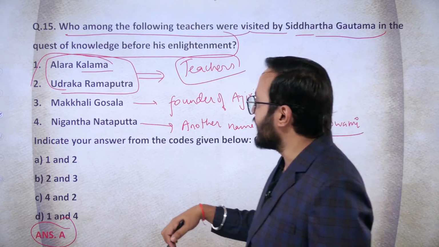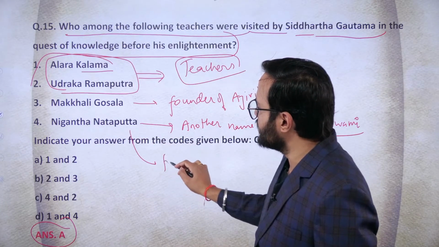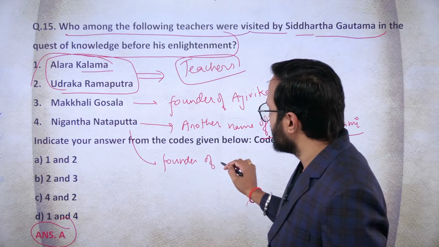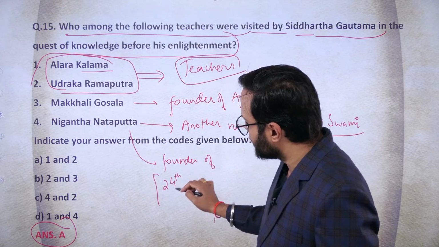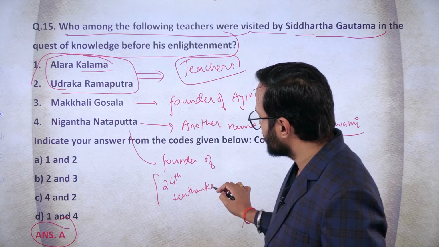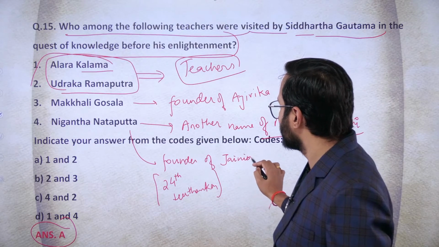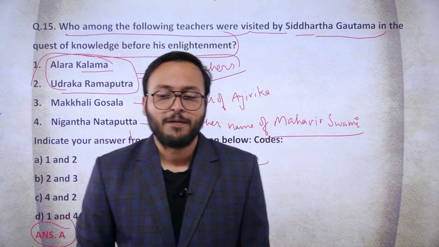So here we can say that he was the founder of Jainism, or rather we can say that he was the 24th Tirthankara of Jainism. Okay, everyone. So that is the right answer here.